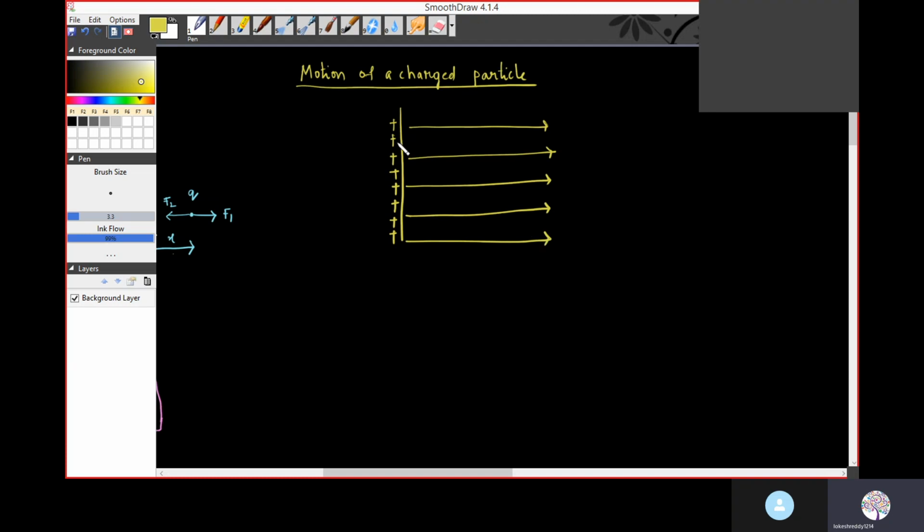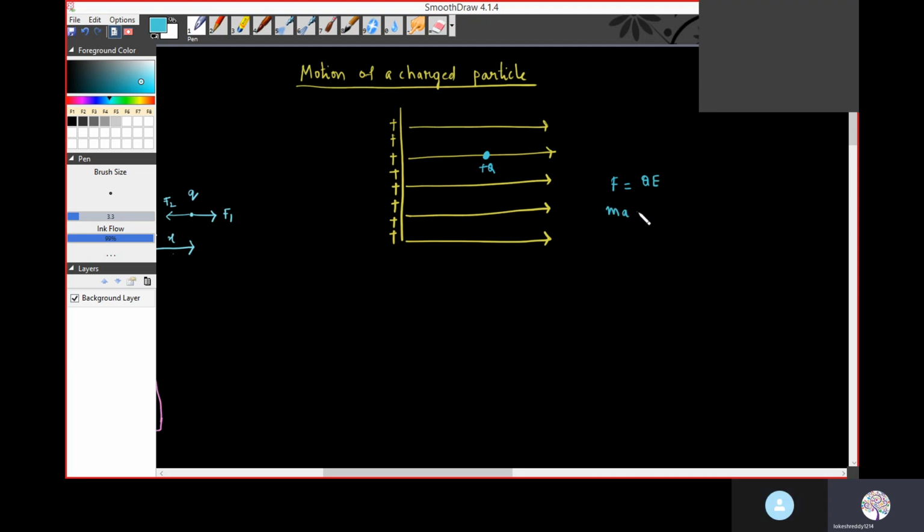Now in this electric field, I place one charged particle, plus q. Then it experiences some force. Force acting on the body, F is equal to qE.